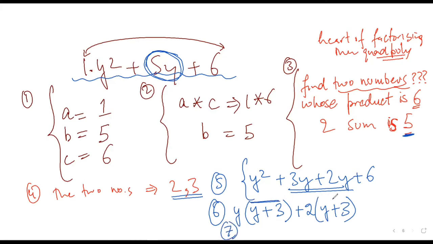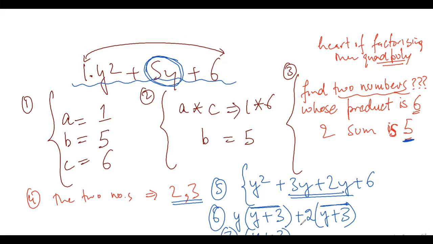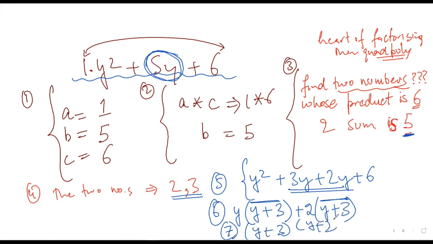Now, y plus 3 and y plus 3. I will take this y plus 3 common and I am left with y plus 2. Mr. Sarthak, is it making sense? Yes. So don't worry, we will take 2-3 examples of how to do this, and we will be solving a lot of questions regarding this. So don't worry about that.